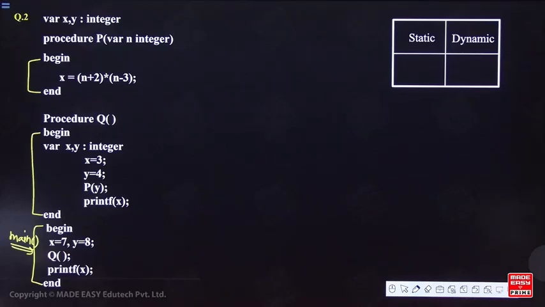Prita Majumdar, wrong answer. Gaurav Kumar, wrong answer.